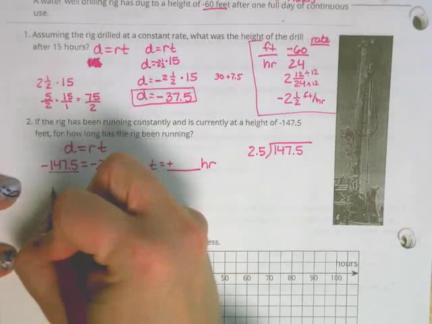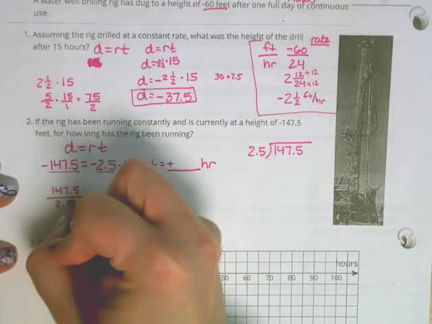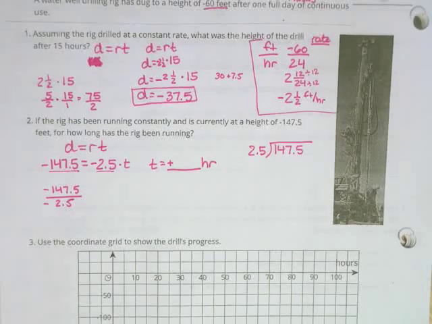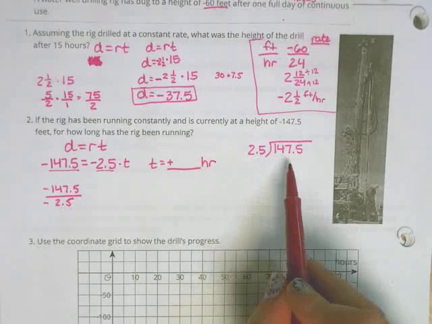Sometimes it's easier to start off like this too. And technically it's a negative divided by a negative, but we already said that it's going to be a positive right there.